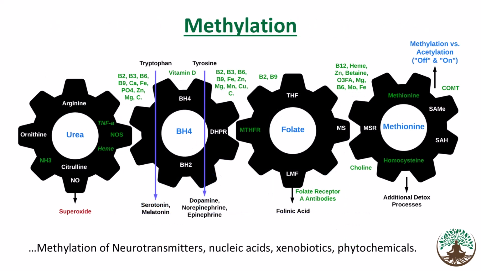However, as captured in this image, methylation is much more involved than just this single MTHFR gene and its protein. In a series of interacting biochemical processes, methylation involves the donation of a methyl group to neurotransmitters, nucleic acids, xenobiotics, and phytochemicals, effectively modulating their activity.